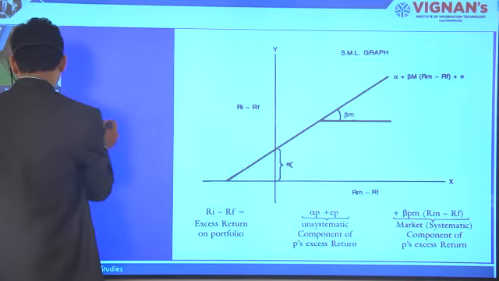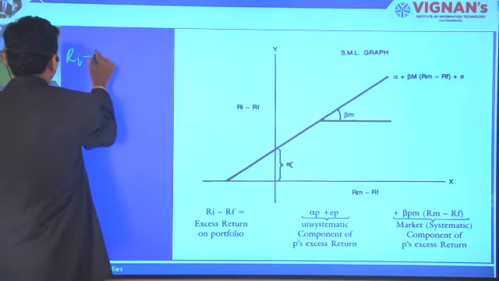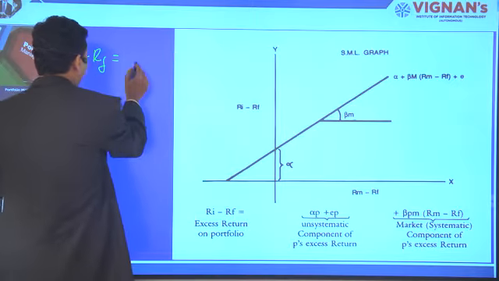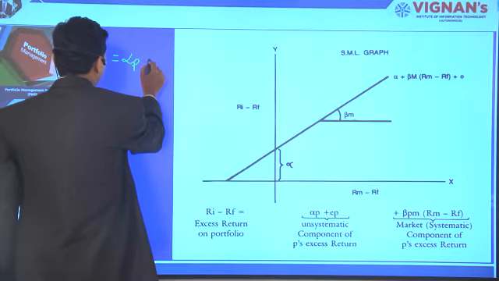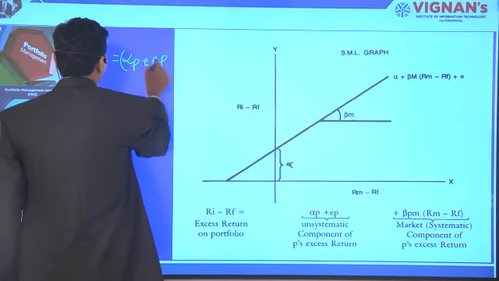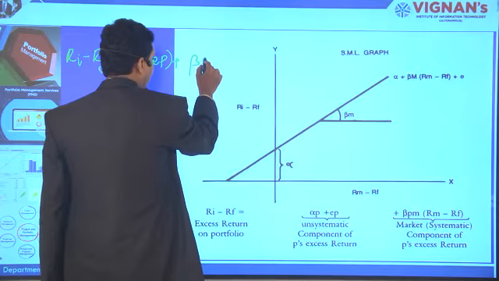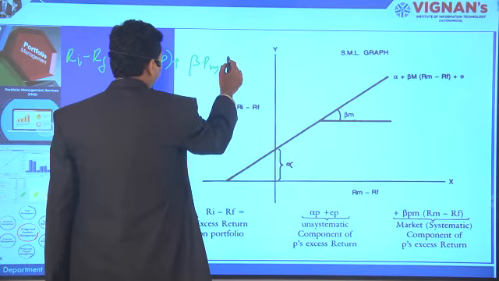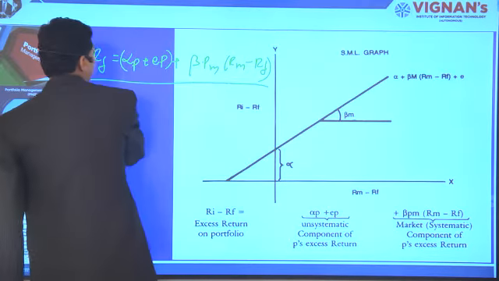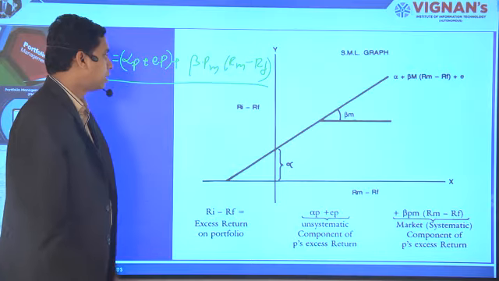I'll write the equation here once again: Ri minus Rf is equal to alpha p plus Ep, plus beta pm into (Rm minus Rf). So this is the relationship between the different variables in this Sharpe single index model.